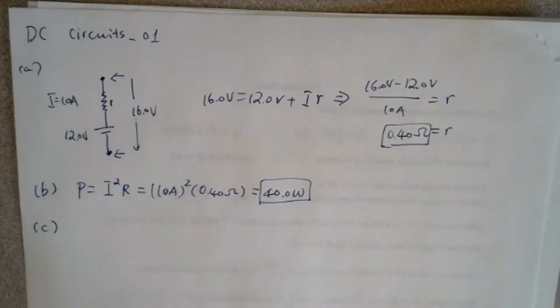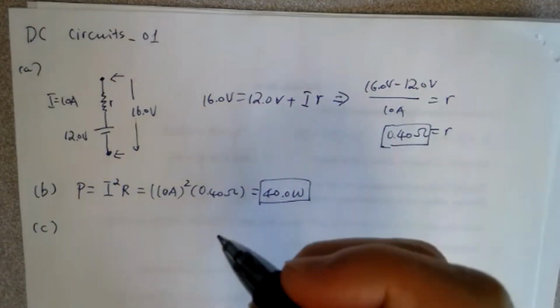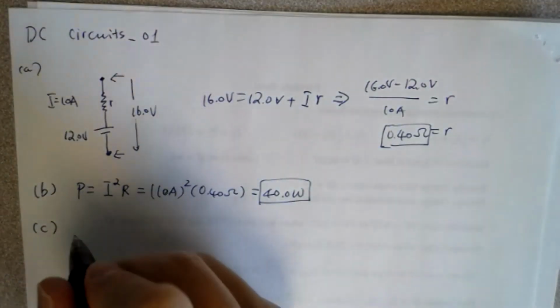Part C is asking at what rate, in degrees Celsius per minute, will its temperature rise if the mass of the battery is 20.0 kilograms and it has a specific heat of 0.300 kilocalories per kilogram times degrees Celsius, assuming no heat escaped. So all the heat dissipated increases the temperature of the battery.